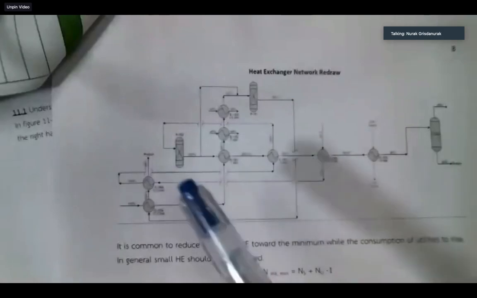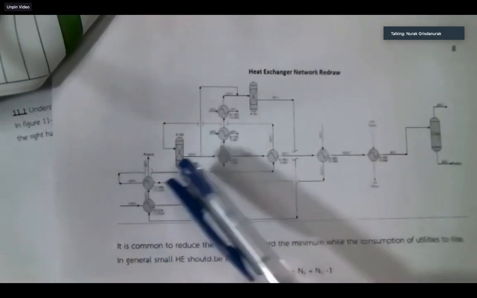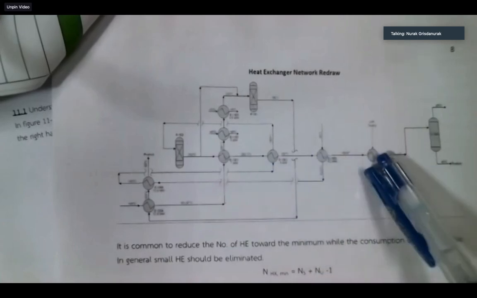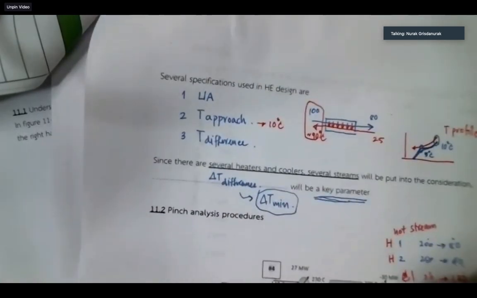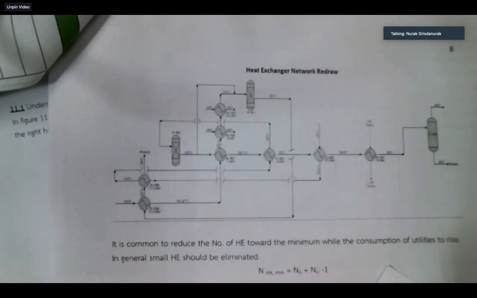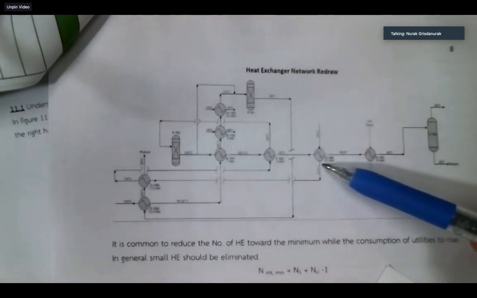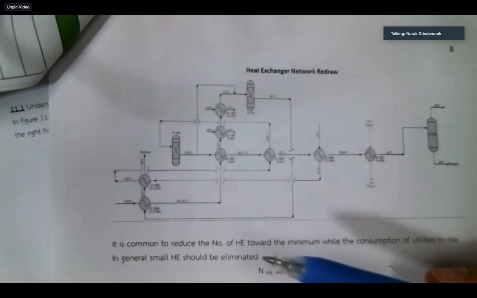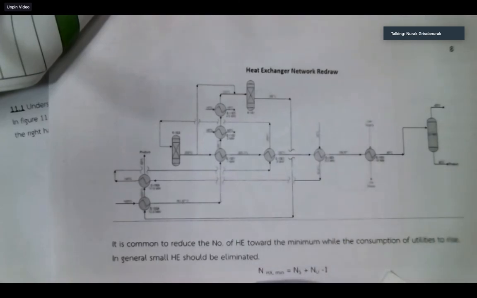After redrawing there are 8, 1 through 8, from 4 to 8, but you use less steam, less utility. What does it mean? You spend less operating cost, but you have to pay more capital cost, so you have to compromise and find the optimum way, in the long run, for example 1 year, 2 years, 3 years.